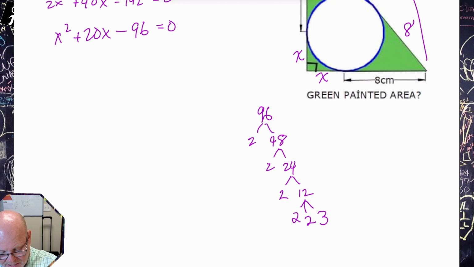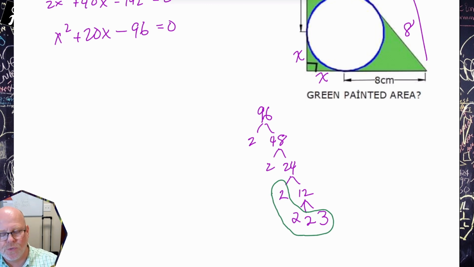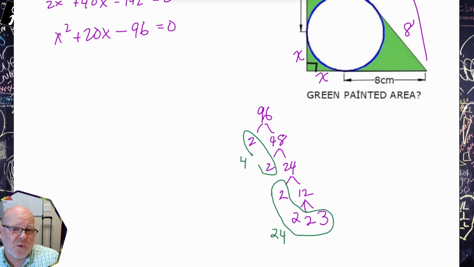So I'm seeing it now. Yay, I see it now. I got right here, so 2, 2, 2, and 3. So that's going to give me 24. 2 and 2 is 4. So 4 times 24 is going to give me my 96. And that definitely is going to help me with getting that 20. So I see that we've got our factors.